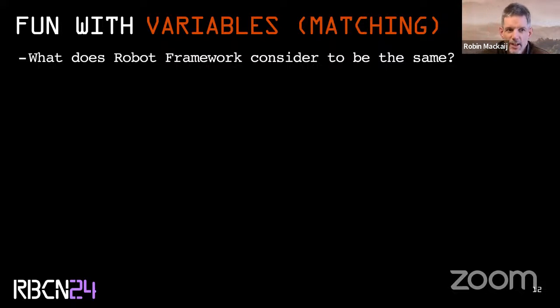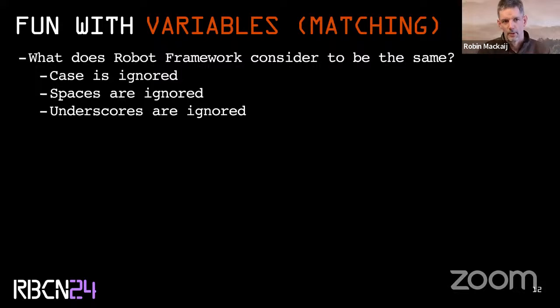The implementation has to. So of course, Robot Framework needs to change that behavior and map them together. So what Robot Framework does, we ignore case, we ignore spaces, and we ignore underscores to see, is this the same keyword?